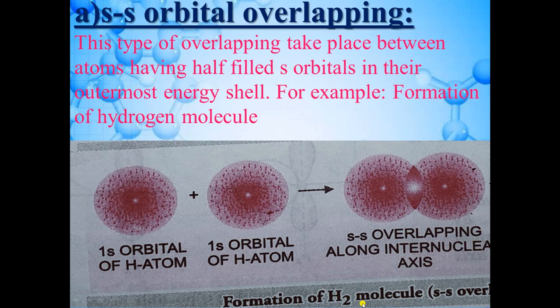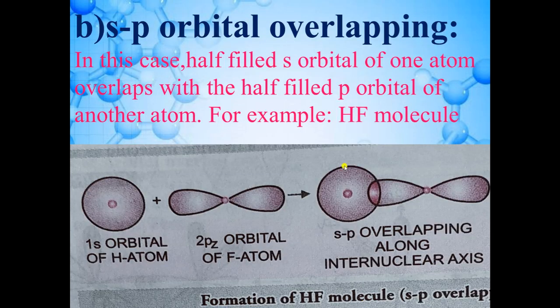Now a sigma bond can also be formed from sp orbital overlapping. The shape of an s orbital is spherical and the shape of a p orbital is dumbbell. This is the dumbbell shape. Now we will take the example of the HF molecule. For hydrogen, we will draw a spherical shape because the electron enters the 1s orbital, 1s1. And for the fluorine atom, we will draw only the shape of the 2pz orbital.